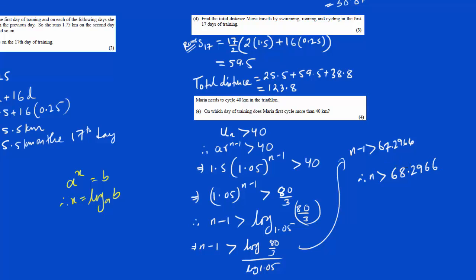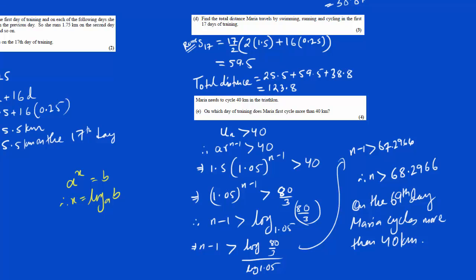So the nearest integer greater than 68.29 is 69. So on the 69th day, Maria cycles more than 40 kilometers.